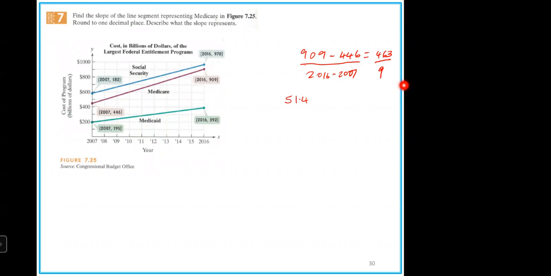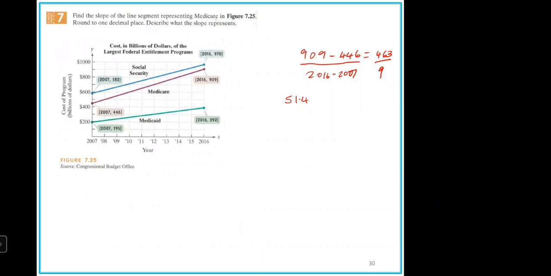So what does that actually indicate? Remember now, we're looking at slope as a rate of change. So that indicates that it went up. It indicates it went up by how much?